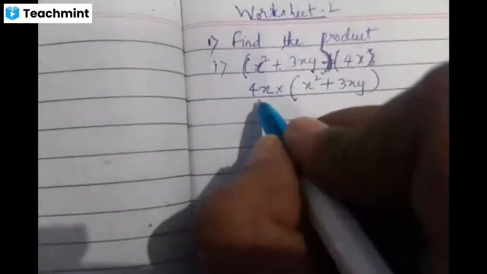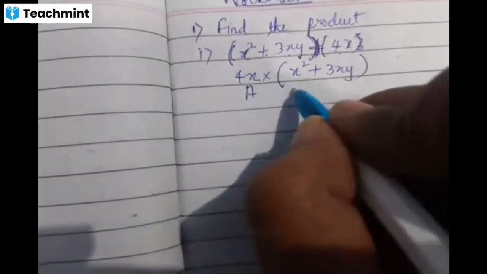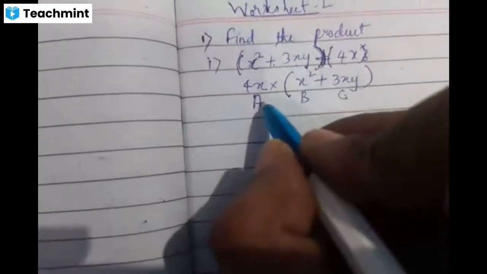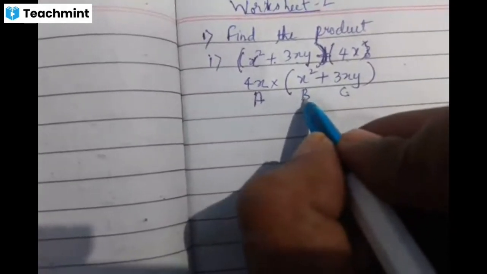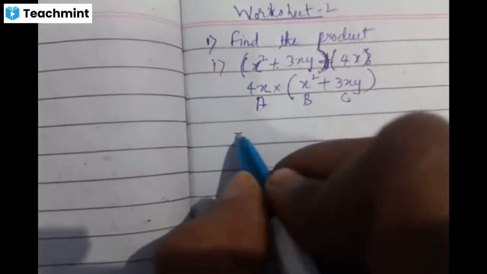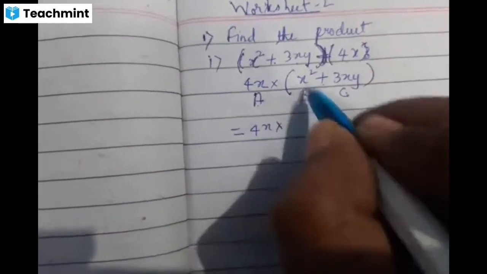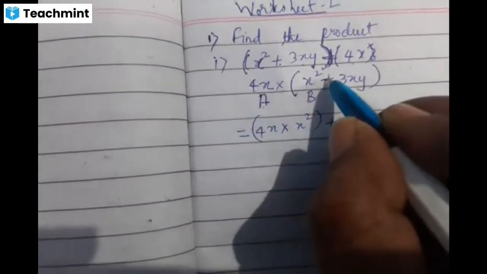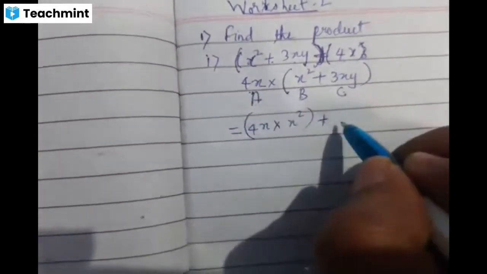So what we are going to do, this we are going to consider as A, these two as B and C. A will be multiplied with B first time plus A into C. So what we do here, 4x into x square, write it in the brackets, plus sign as it is, again A into C, use the brackets, 4x into 3xy.